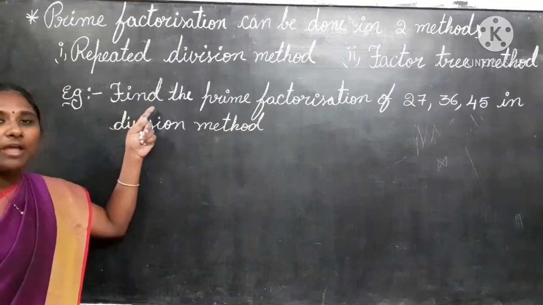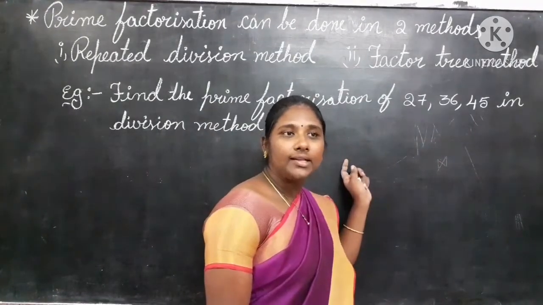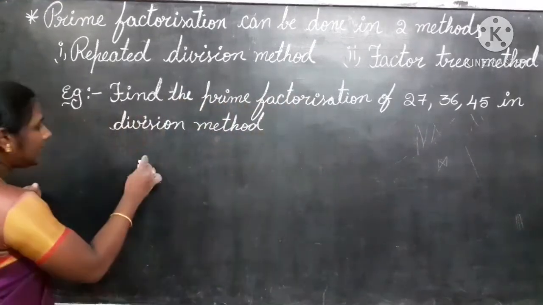We have to find the prime factorization of these three numbers using the division method. First, 27.